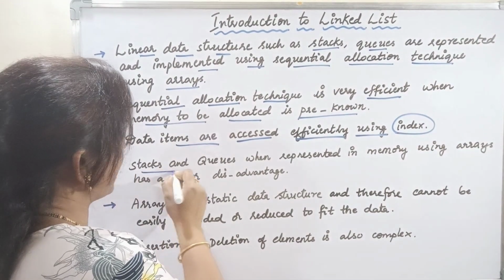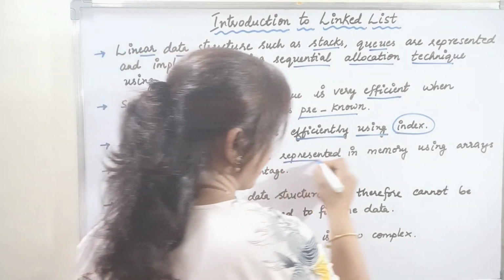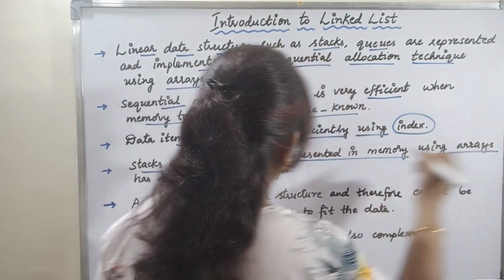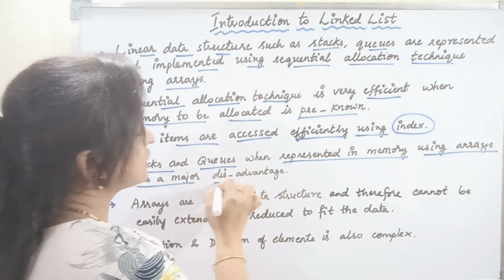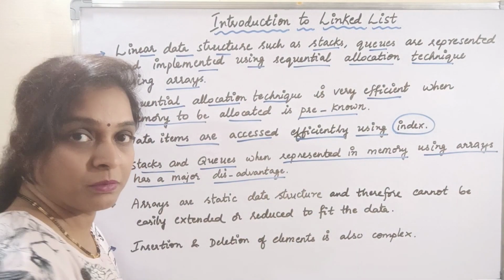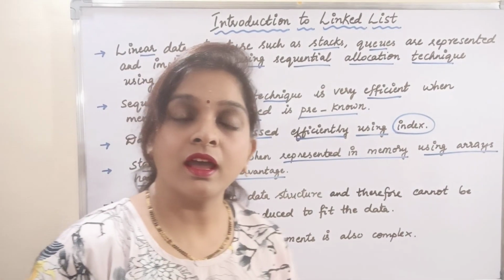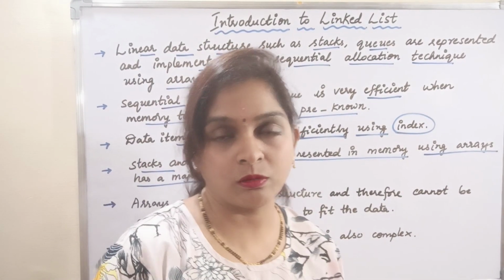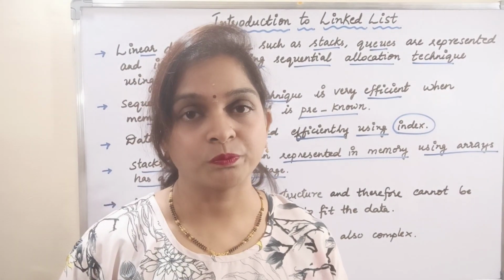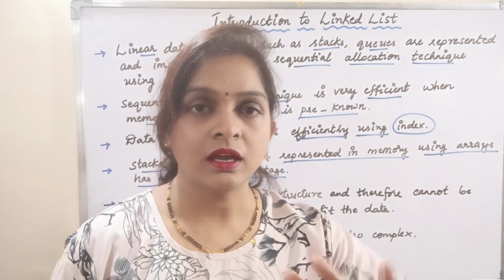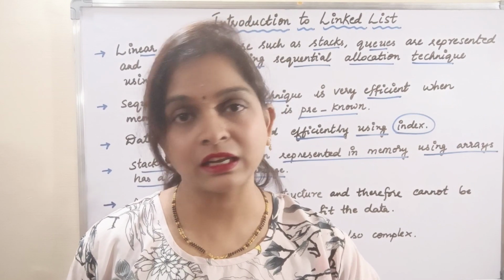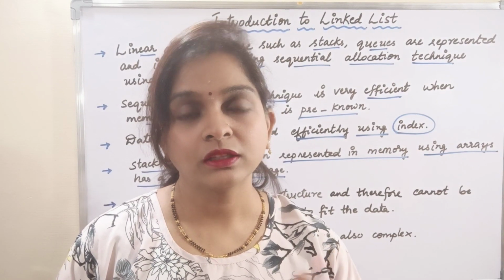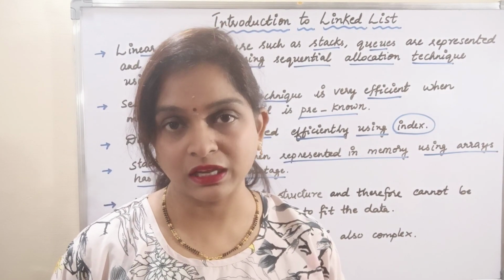Stacks and queues, when represented in memory using arrays with the static allocation technique, have a major disadvantage. Say I have 10 students in my classroom, and I allocate 10 chairs. But the 10 students are not always coming to my class.